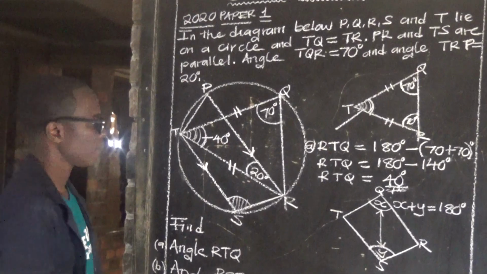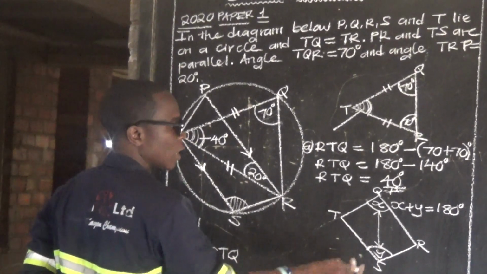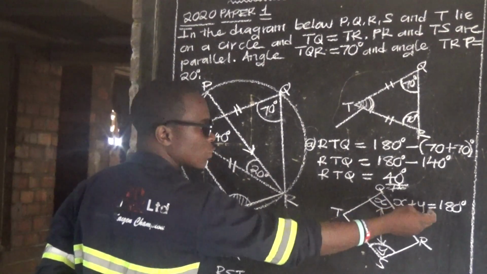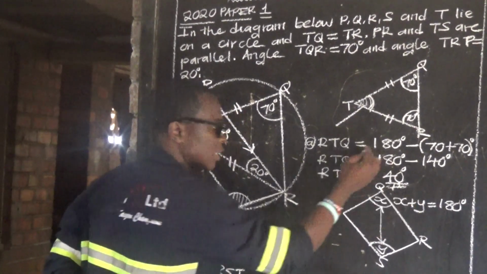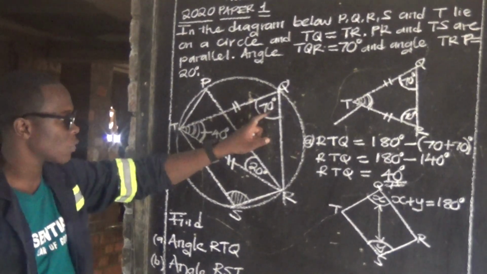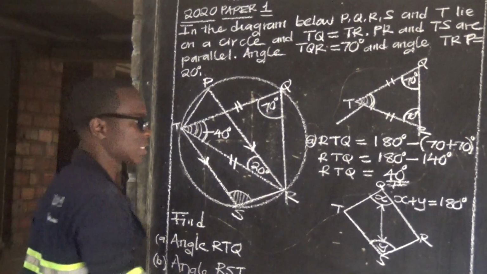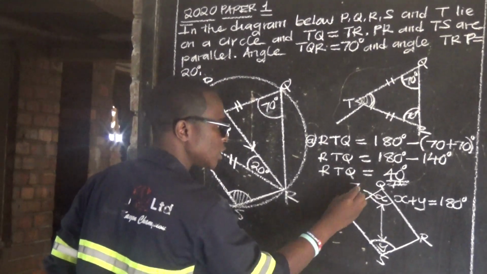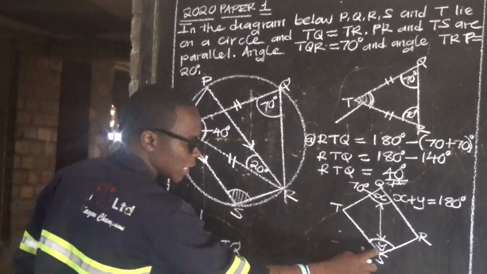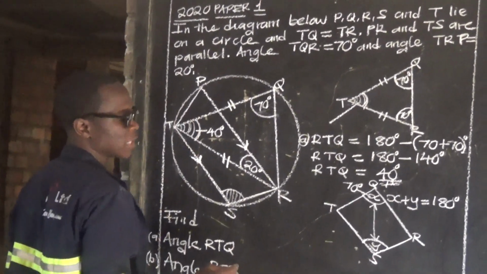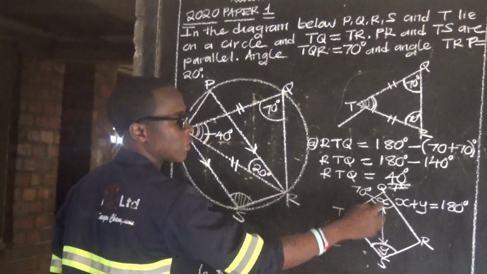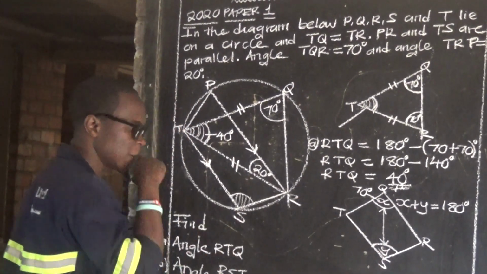So if we have been given, let's say, angle X, and you want angle Y, you just say Y is equal to 180 minus angle X. Now in our case, we have been given this angle, which is X, and it is 70 degrees, and we want this angle. So for us to know this angle, which is angle Y, you just say 180 minus 70. These are what you call opposite angles of a cyclic quadrilateral.